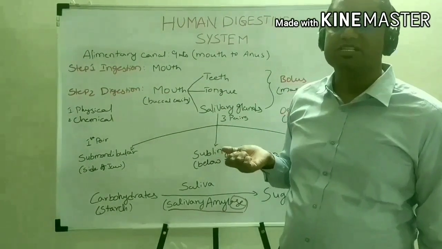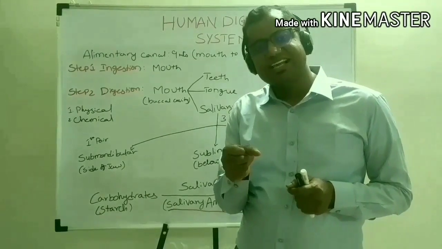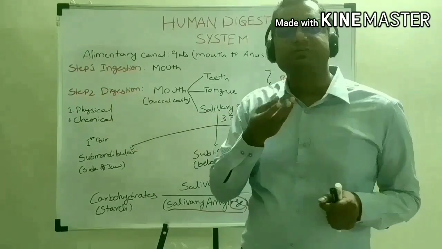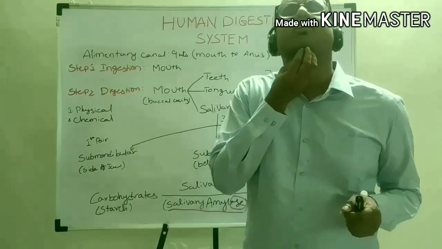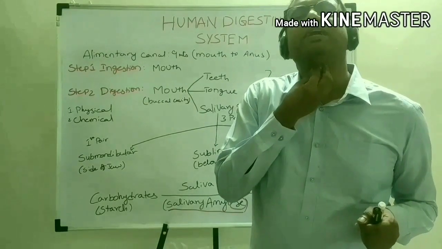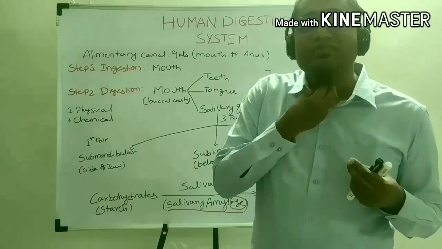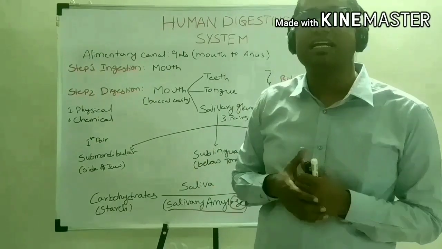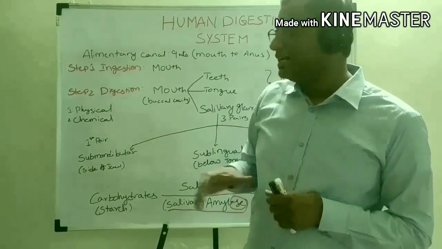What are these peristaltic movements? They are the simple contractions and relaxations of our gut. Especially when we swallow, the food goes from our esophagus, that is the food pipe, into our stomach. When we swallow, we feel a particular movement here. That is nothing but a peristaltic movement, which is also a type of physical digestion.